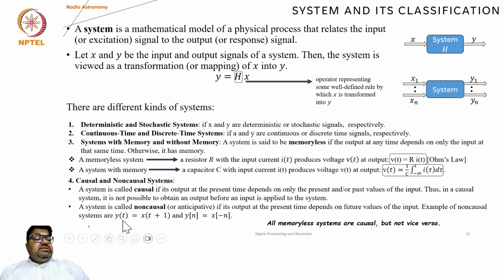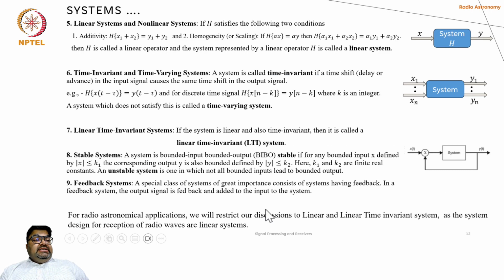Examples of non-causal systems are y(t) = x(t + 1), or y[n] = x[-n]. So all memoryless systems are causal, but not vice versa. That's the definition of all the systems we will be coming across.